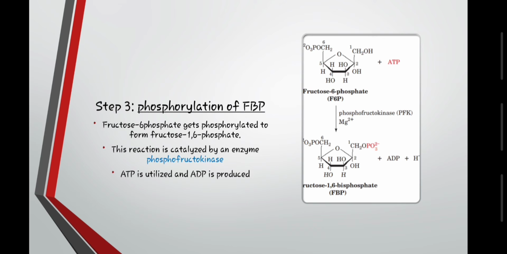Now you end up having fructose 1,6-bisphosphate. This process is catalyzed by an enzyme called phosphofructokinase, and ATP is used, and you are ending up with another ADP molecule in this process, just like in the first process of glycolysis.